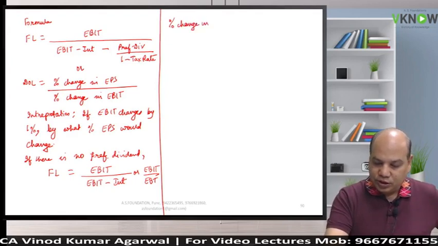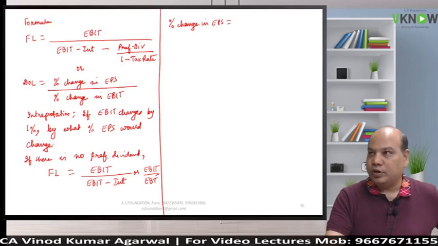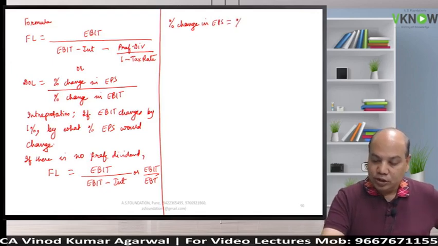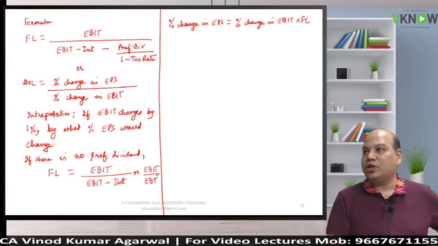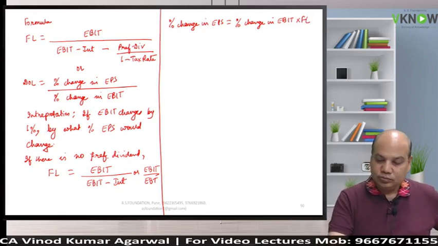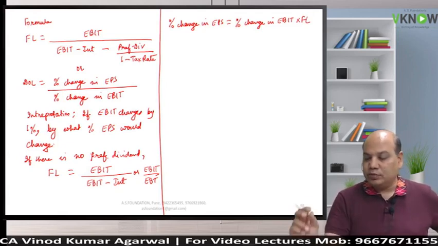Percentage change in EPS, if you have to find, then you will take percentage change in EBIT multiplied by financial leverage. Many times in the exam they will give you, if EBIT changes by 10%, by what percentage will EPS change?